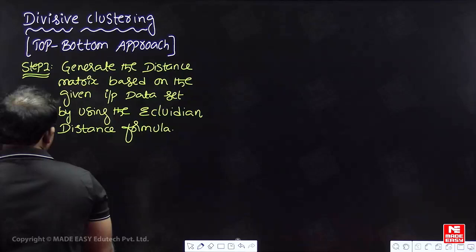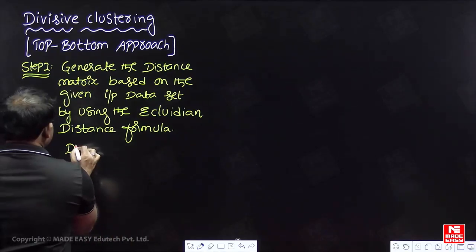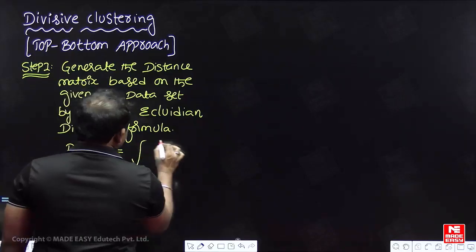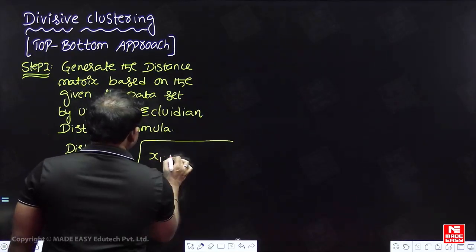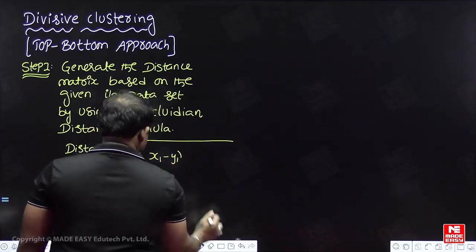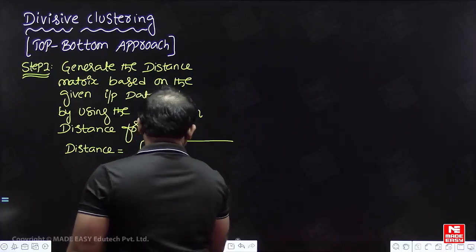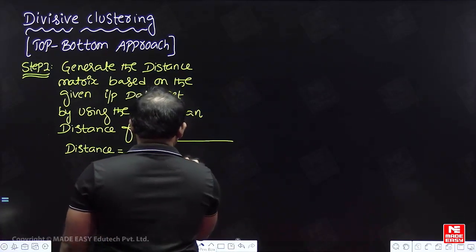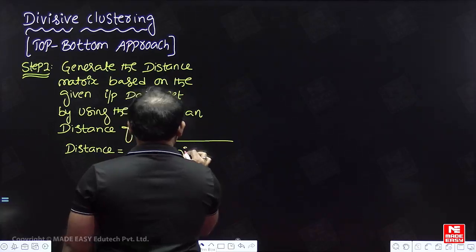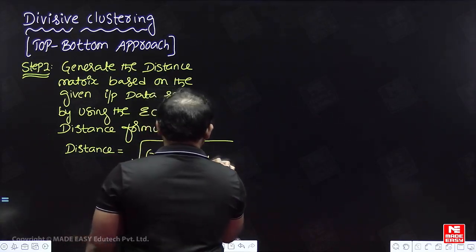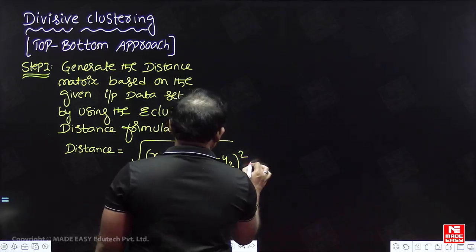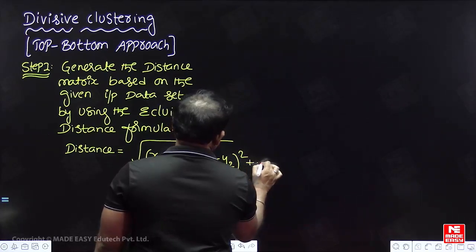Euclidean distance formula, that is what? Distance equals square root of (x1 minus x2) whole squared plus (y1 minus y2) whole squared, and so on.